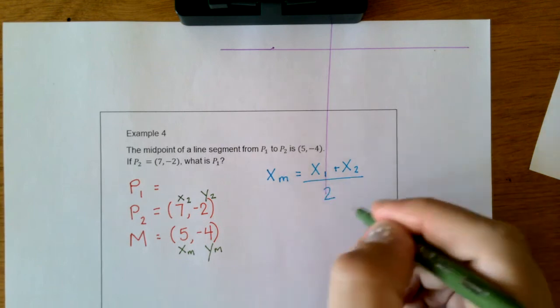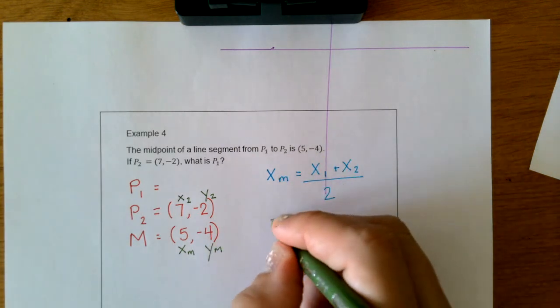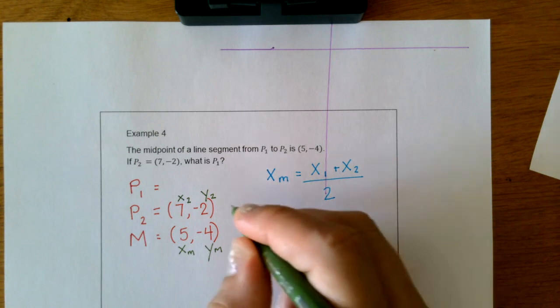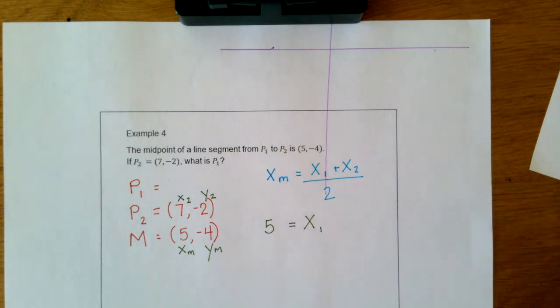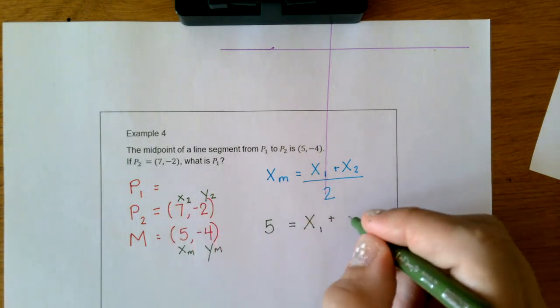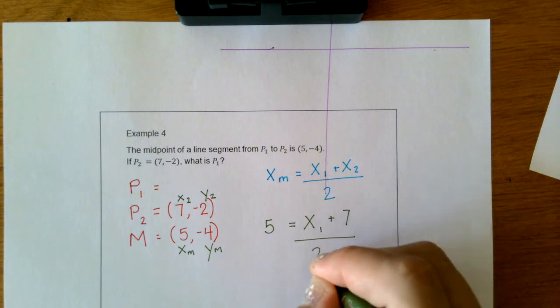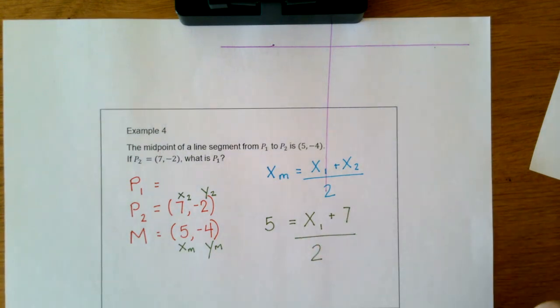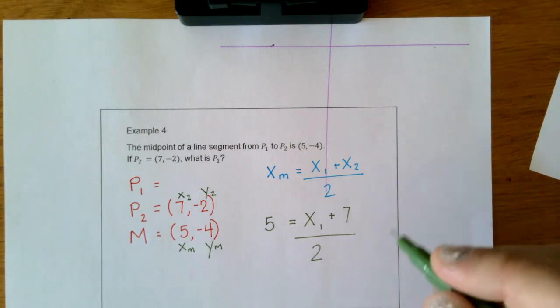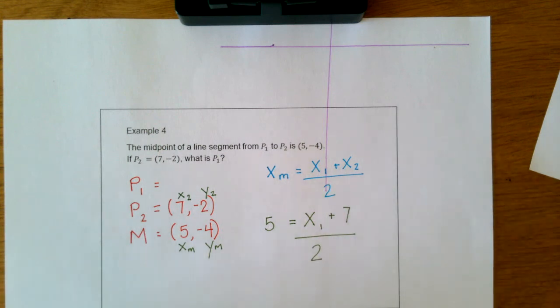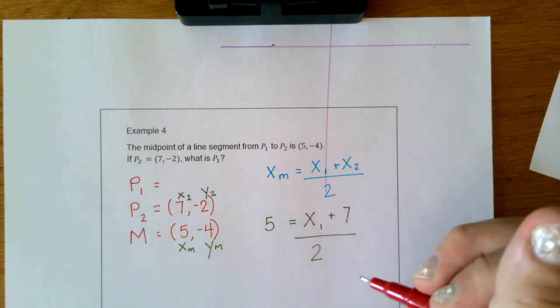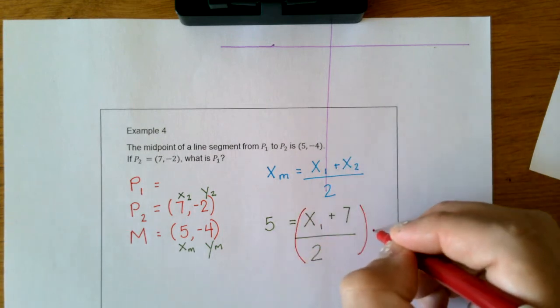So now I can just substitute those in. XM is 5, equals x1 is what we don't know. So I can just leave it. Plus x2 is 7 over 2. Okay. And don't worry that you have this 1, like you have to do something special. It's still just the variable x. So I have 5 on this side and I have a fraction on this side. I want to get rid of my fraction. So I'm just solving for x now. Multiply it by 2.